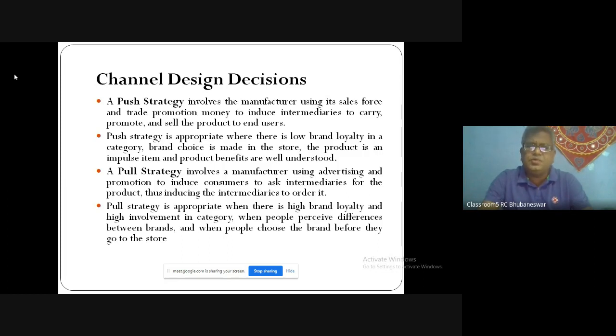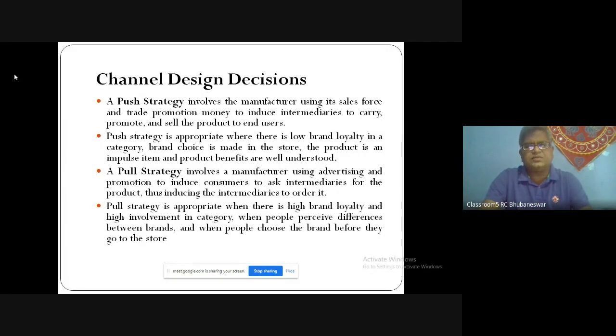Push means, for a product with low brand loyalty, you can push it up in the store. Sometimes you see in a particular shop that some products are indirectly pushed by the seller. This is the push strategy, which can introduce a new product by the seller or by the manufacturer. That type of strategy they can decide on.